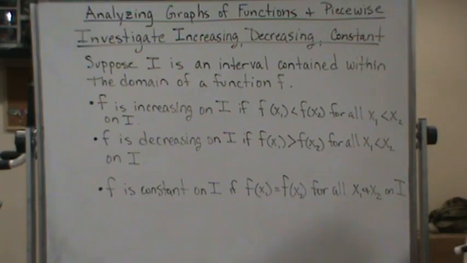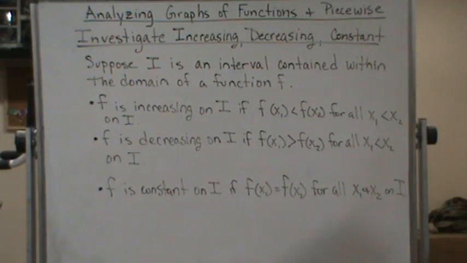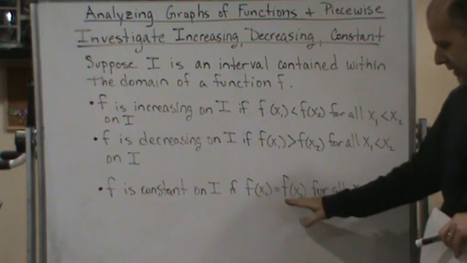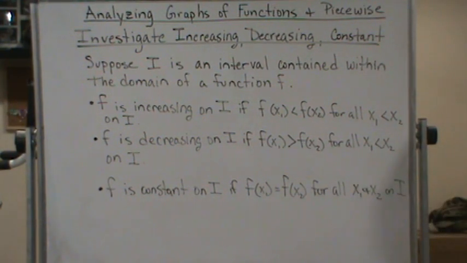And then f is constant on the interval I if f of x1 is equal to f of x2 for all x1 and x2 on the interval I. And so those are the definitions that we use to determine the behavior as either increasing, decreasing, or constant. Okay? And so we'll do an example to show you.